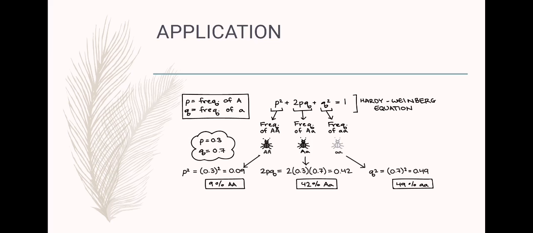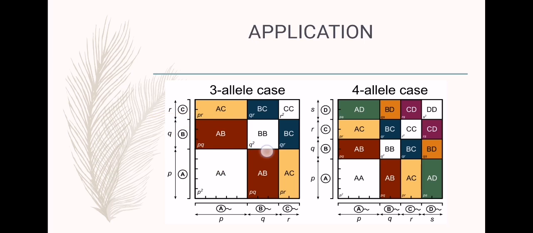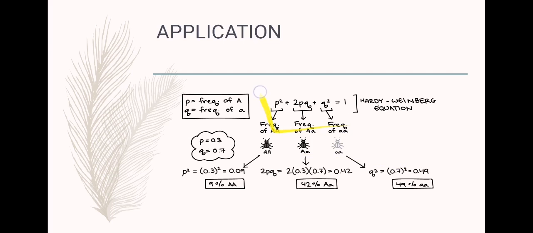Now, for example, the frequency of p, or the dominant trait, is 0.3 and the frequency of the recessive trait is 0.7. We are going to use the Hardy-Weinberg theory for that.